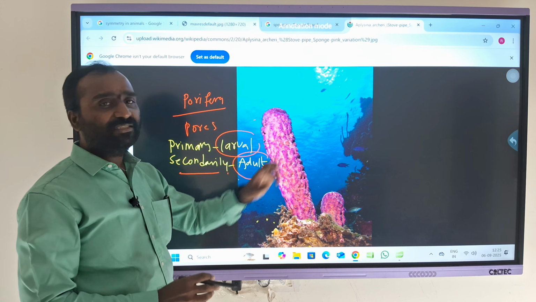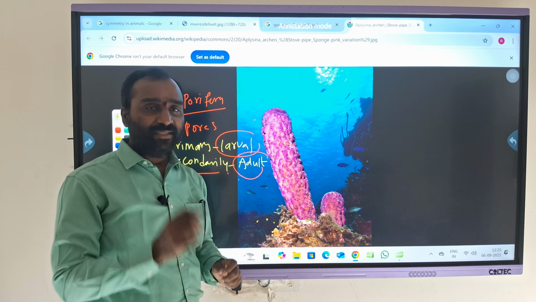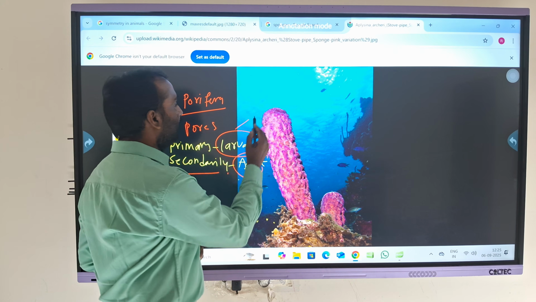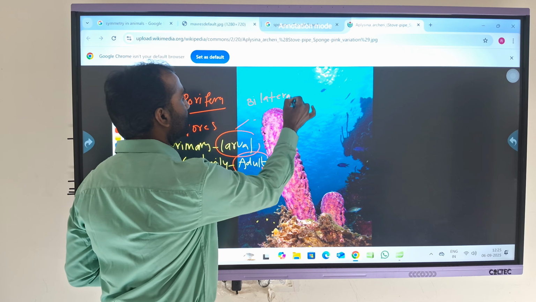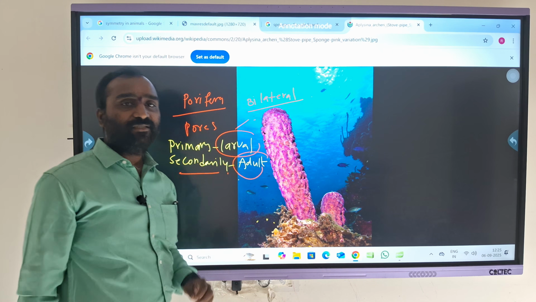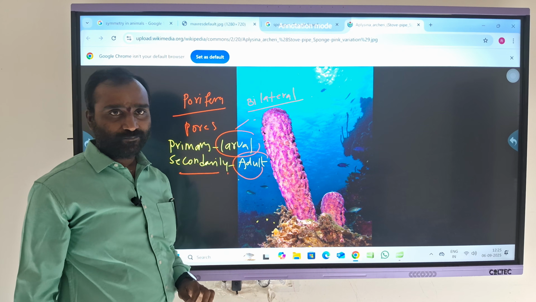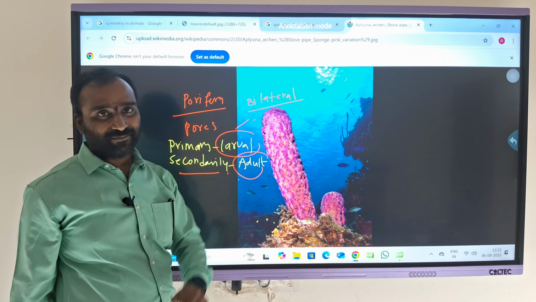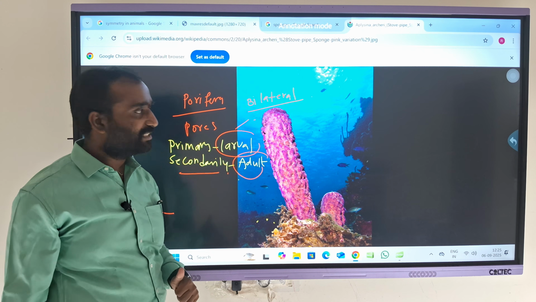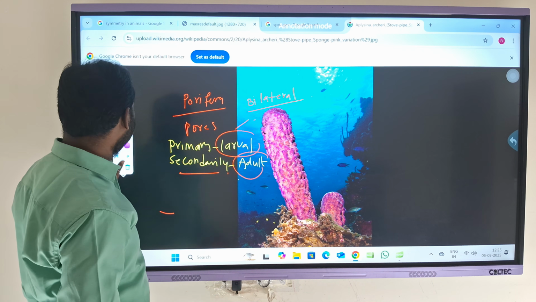Maximum all the animals in the larva condition exhibit bilateral symmetry. The adult exhibits other symmetry. For this the example is snail.